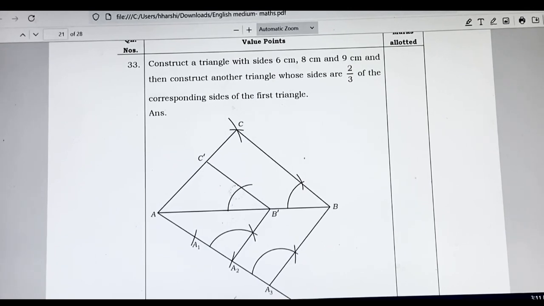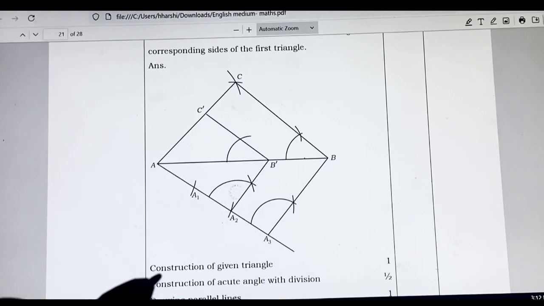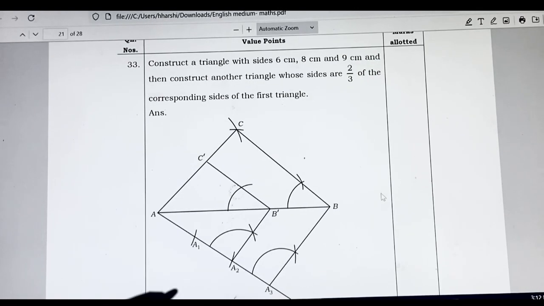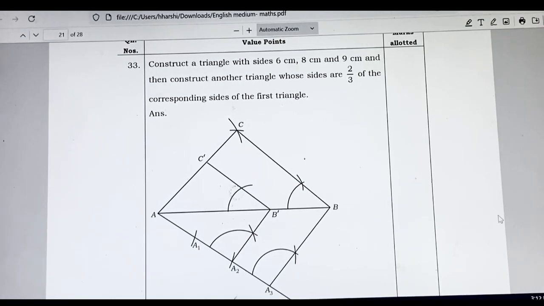Then construct another triangle whose sides are 2 by 3 of the corresponding sides of the first triangle. Okay, so for this question, this is how the final construction looks like. Hope it's clear.